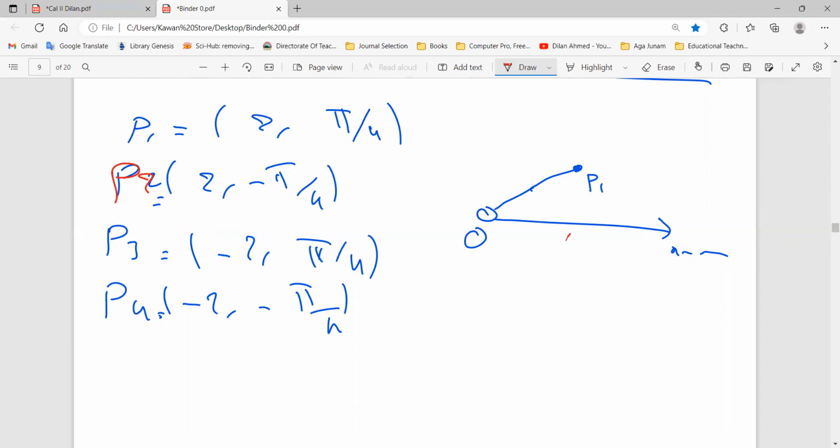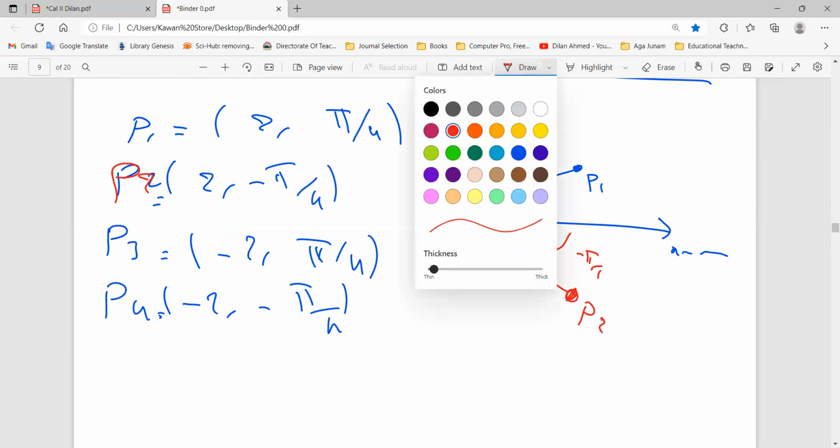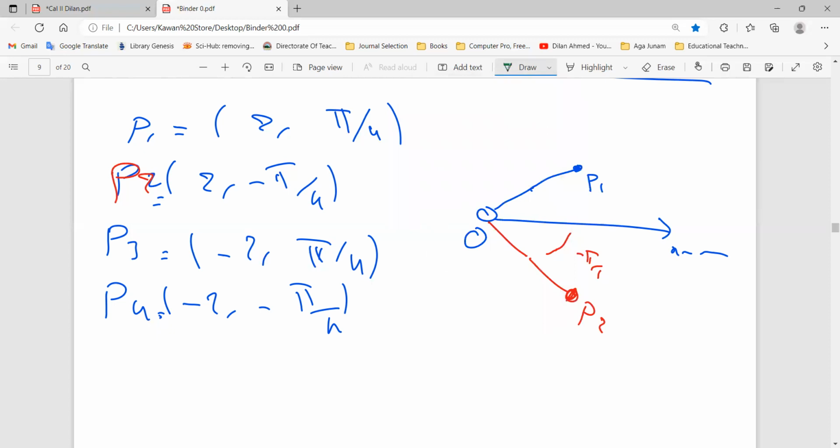Exactly. Minus pi over 4, 1, 2. That's P2. Tell me about P3. First direction, pi over 4, yes. But minus, so I say minus 1, minus 2.